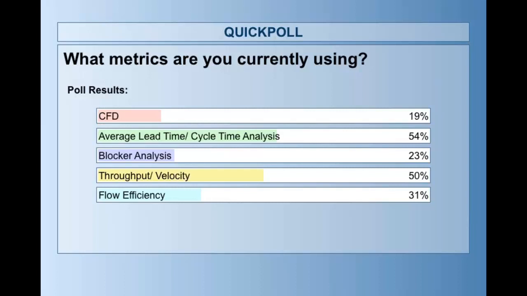I'm also intrigued to see that there is a fair bit of usage of blocker analysis and flow efficiency. That's great. So you are certainly more advanced than a lot of the teams we've spoken with who might typically use the CFD and average cycle time, but not some of the other metrics available in Kanban. Great. So let's take this away and let's continue.